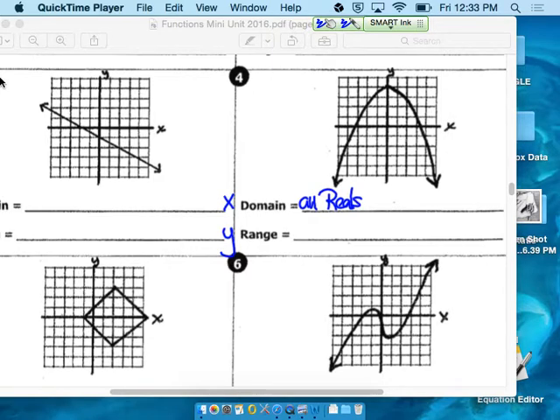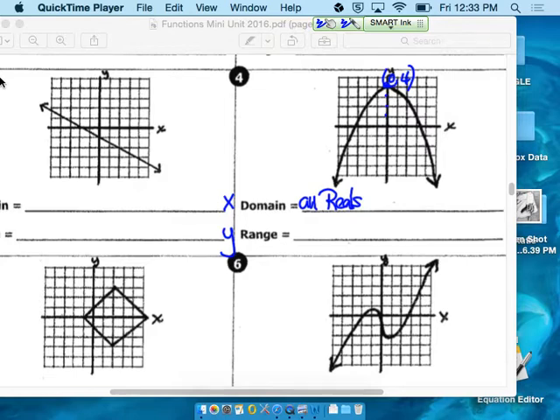My range, on the other hand, which is my vertical, the vertical area that it's taking up on the graph, I'm starting up here at 1, 2, 3, 4. I'm starting at the point 0, 4. And this graph is growing away from +4 on the y-axis.